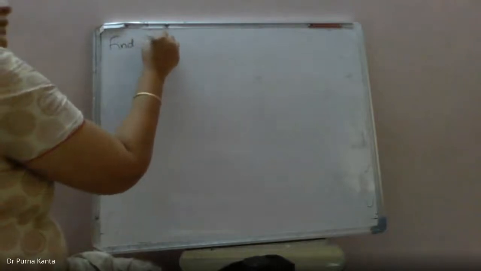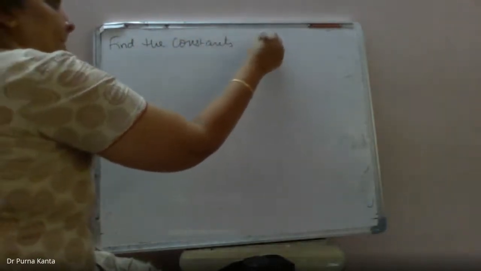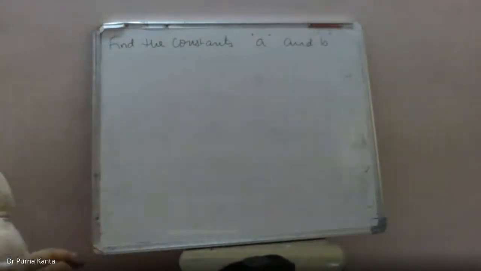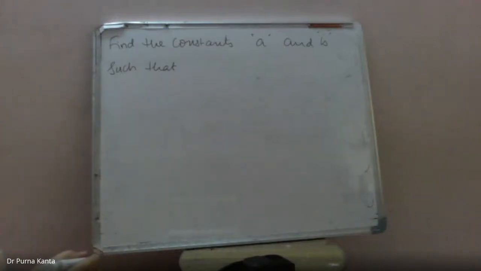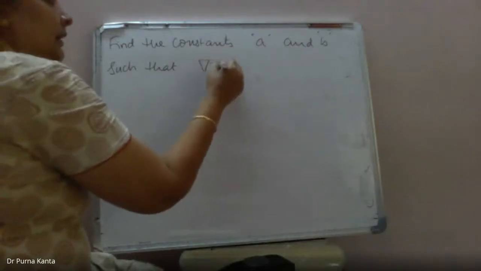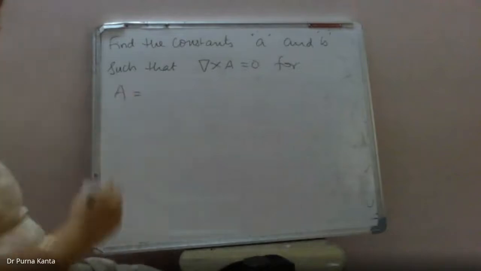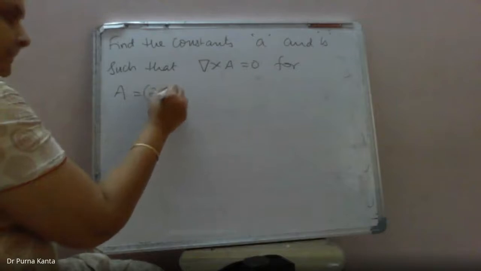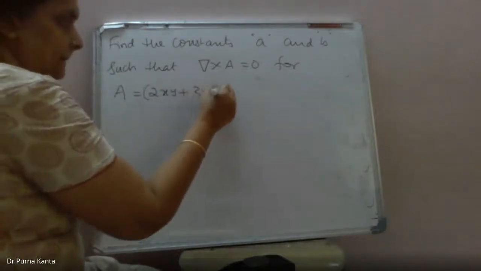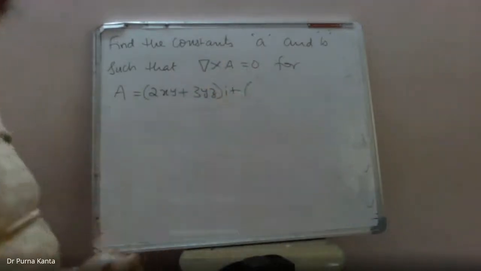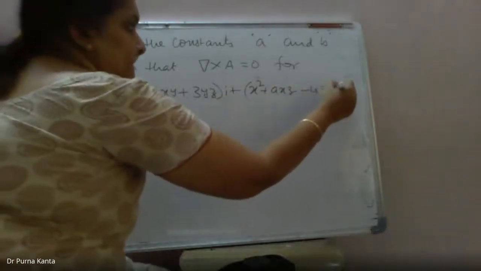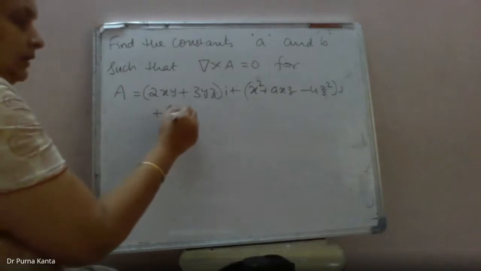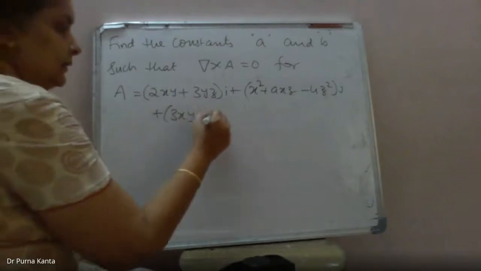Okay. Take down the next one. Find the constants a and b such that curl A is equal to 0 for A is equal to (2xy plus 3yz) i plus (x square plus axz minus 4z square) j plus (3xy plus 2byz) k.